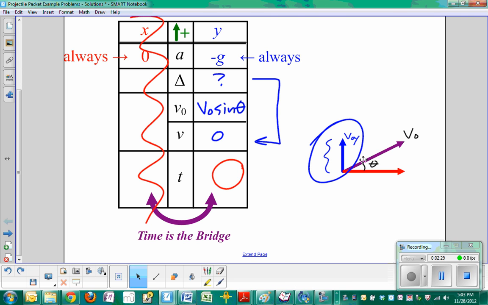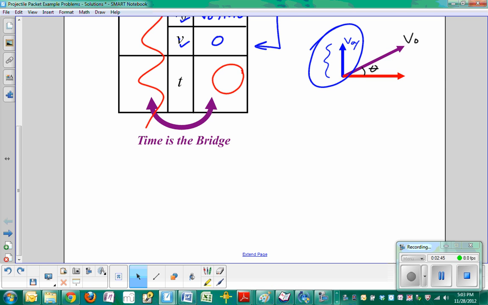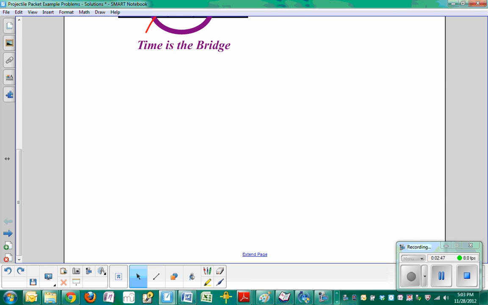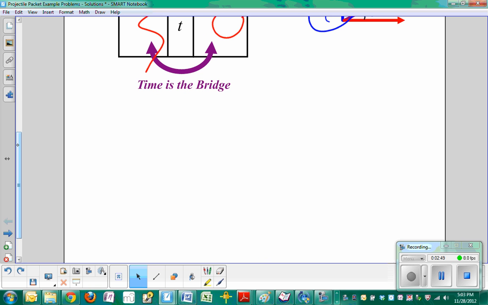Okay, so now we have four items, three of which we know, and one of which is an unknown. So with acceleration, displacement, V naught, and V, then we know that we will be using the timeless equation. Conspicuously absent is time.